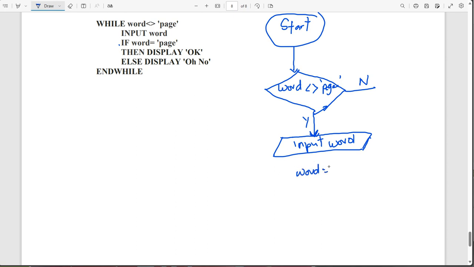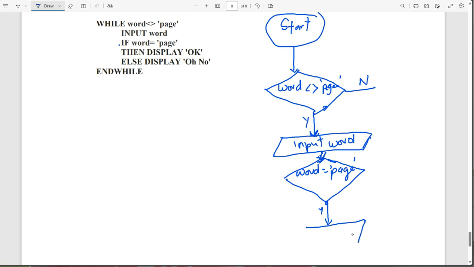Word equal to page. I would say that should be a diamond, right? There's an arrow. If it's equal to page, what are we going to do? Yes. It will display.